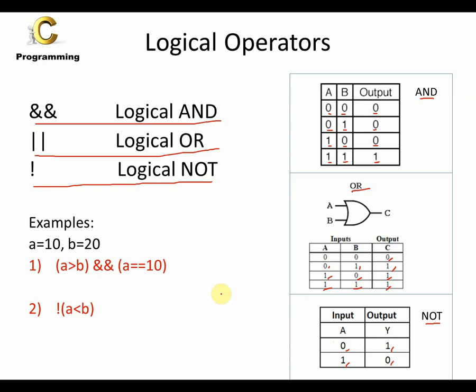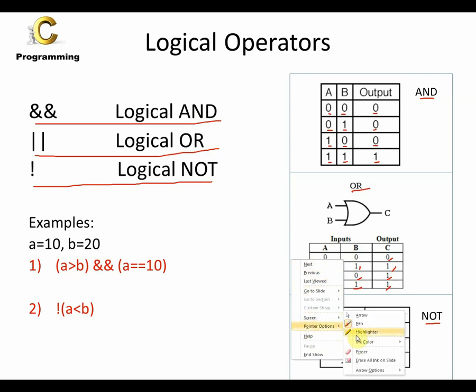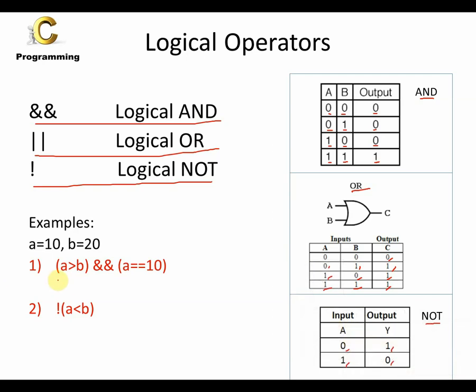Let's look into one example over here, which you can see on the screen. The example says A is equal to 10 and B is equal to 20. So first expression says A is greater than B, and logical AND, A is equal to 10.